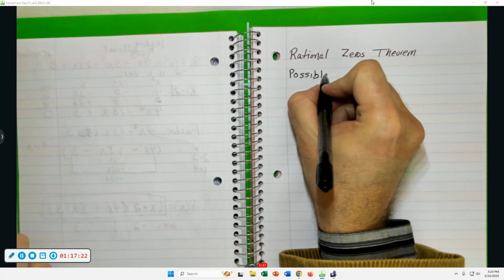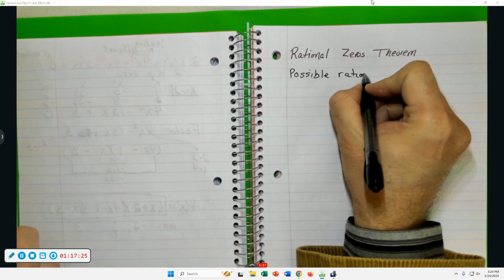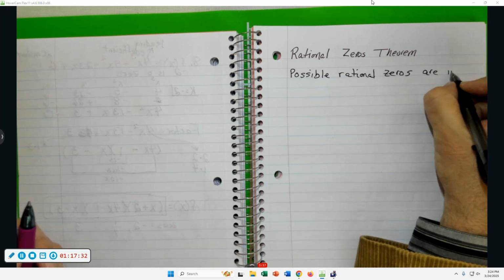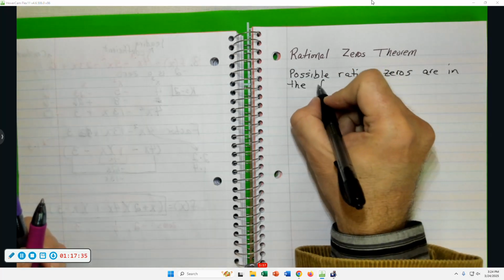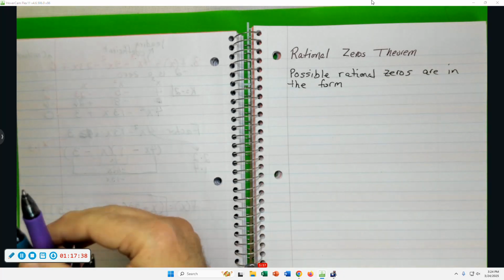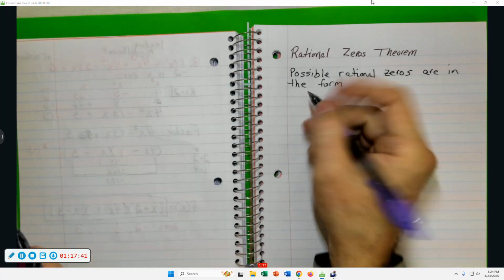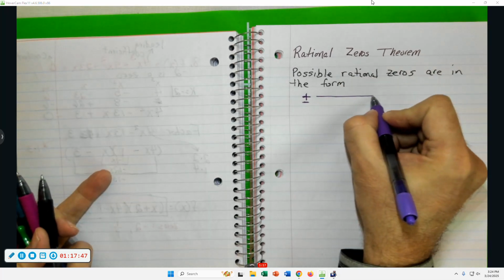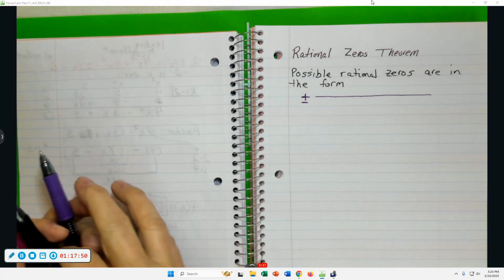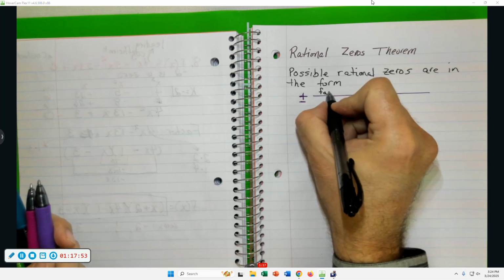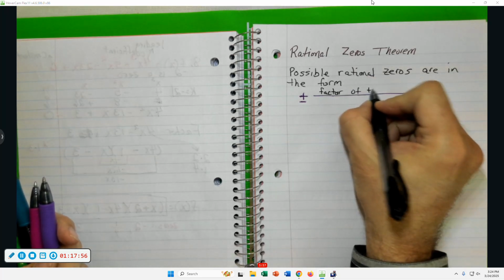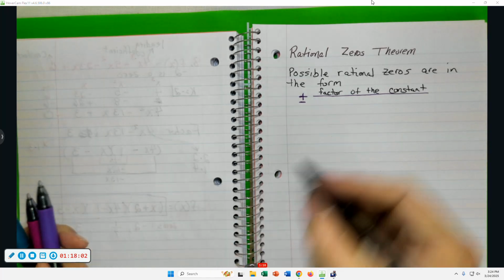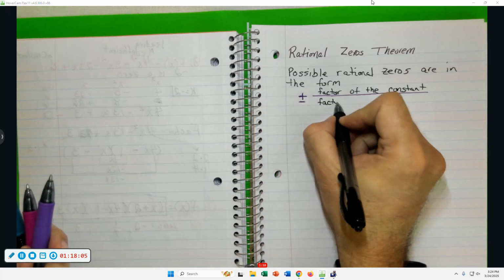Possible rational zeros are in the form, and it's going to be a big old messy fraction, plus or minus, where the top number is going to be a factor of the constant term, and the bottom number is a factor of the leading coefficient.